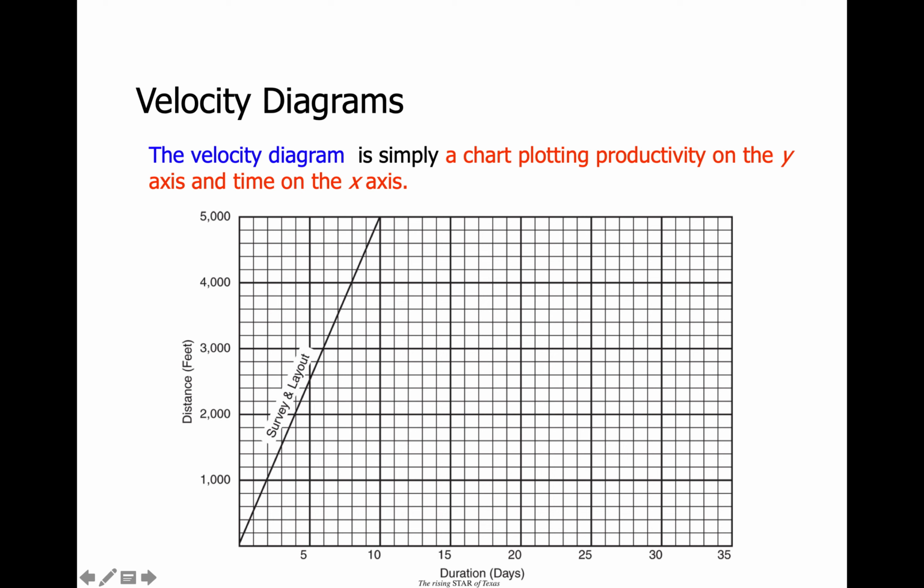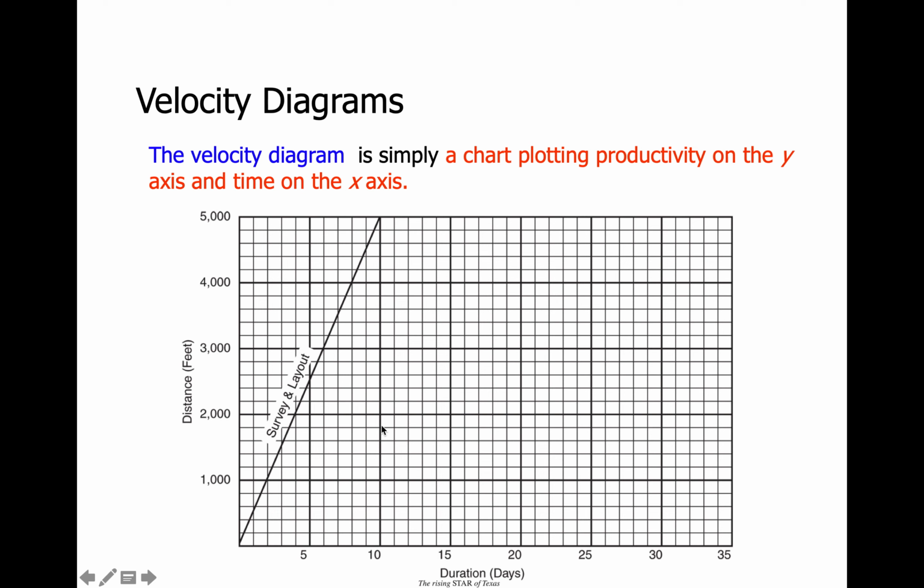And the last bit of refining is to ensure that none of the lines actually intersect with each other. Because remember, this refers to the actual location of people and or equipment at a specific location and time. What I mean by that is at day 5, I could look at the schedule and extract information by going up here and hitting the line, and I will see that I'm halfway, about 2,500 feet into the project.